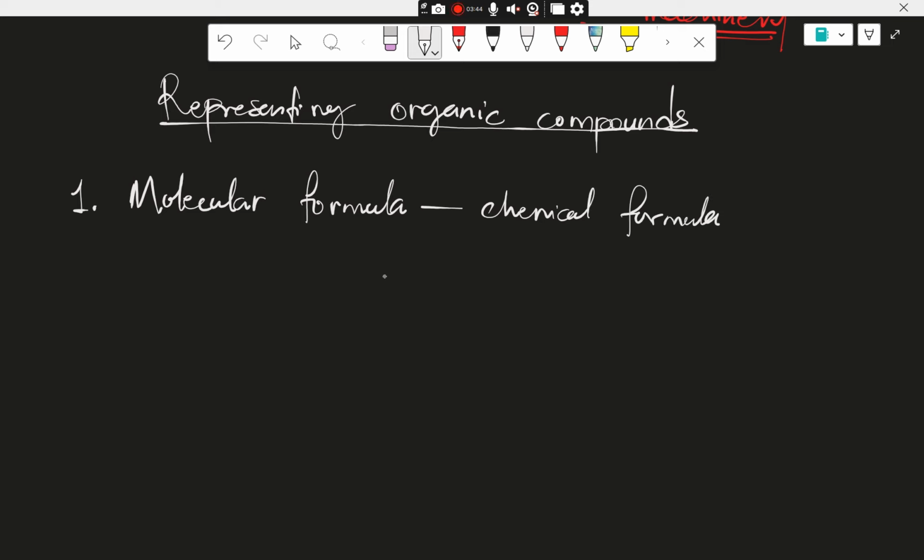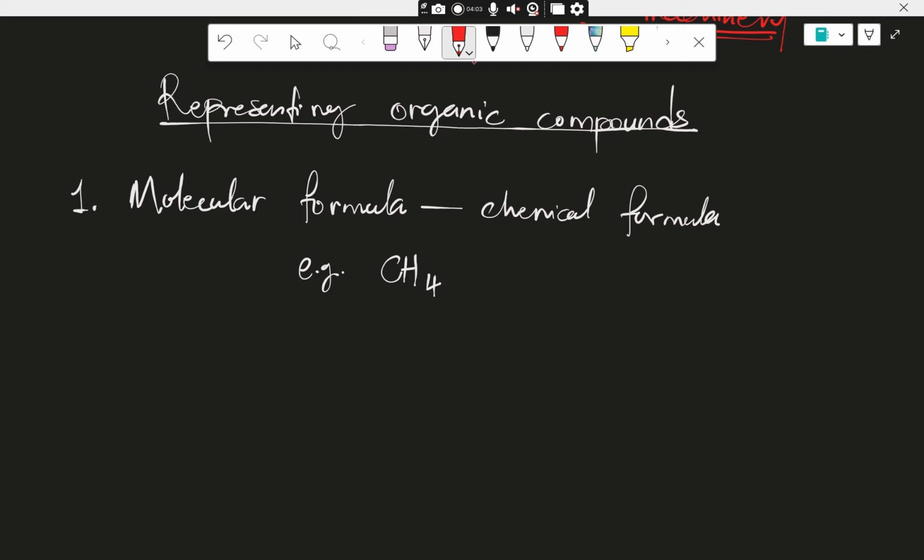So this shows you how many atoms you have there on your formula. For example, CH4. All right, so this is our methane that we're talking about. This is its molecular formula. We represent it like this, right?